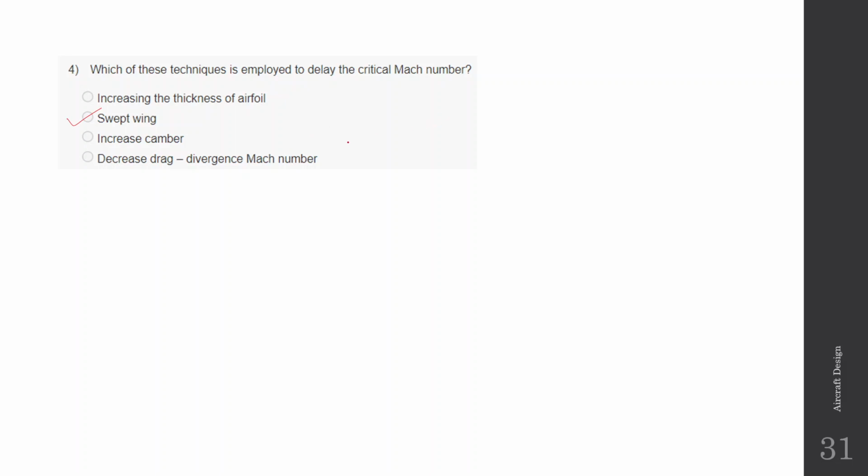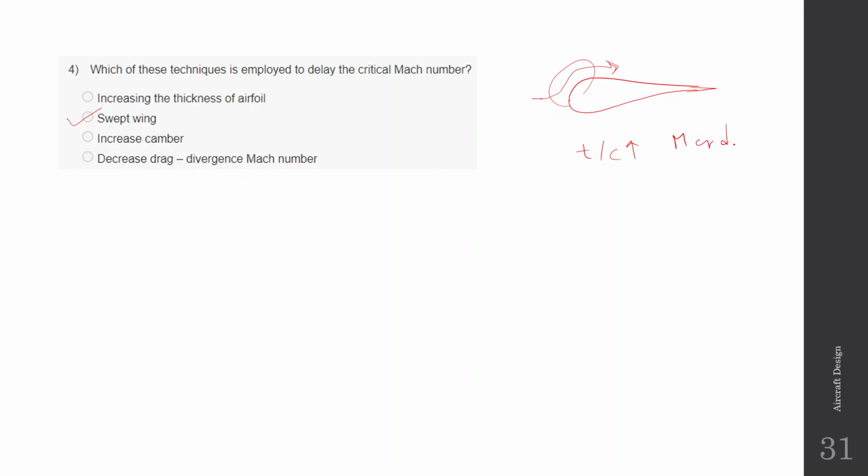See, increasing the thickness of the aerofoil is going to decrease the MCR. As you know, if you have a very thick aerofoil, the airflow has to divert itself by a big amount, and this diversion will increase the airflow's velocity. So when your thickness ratio increases, the MCR goes down.